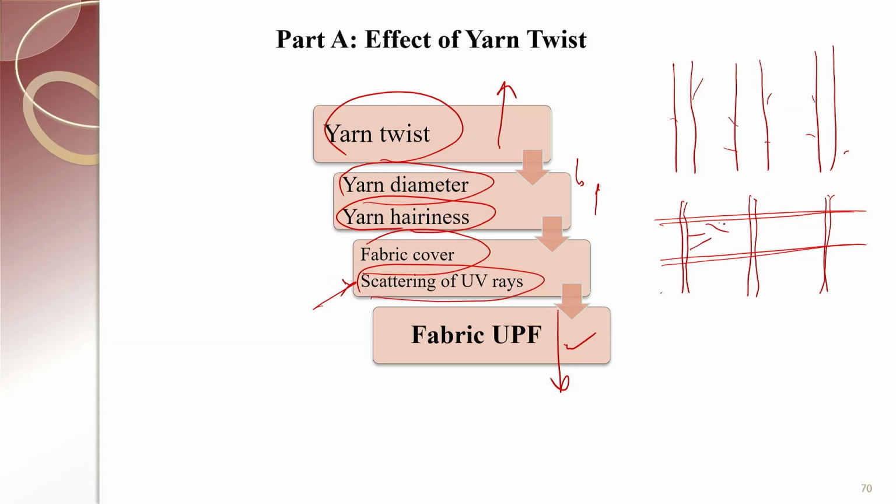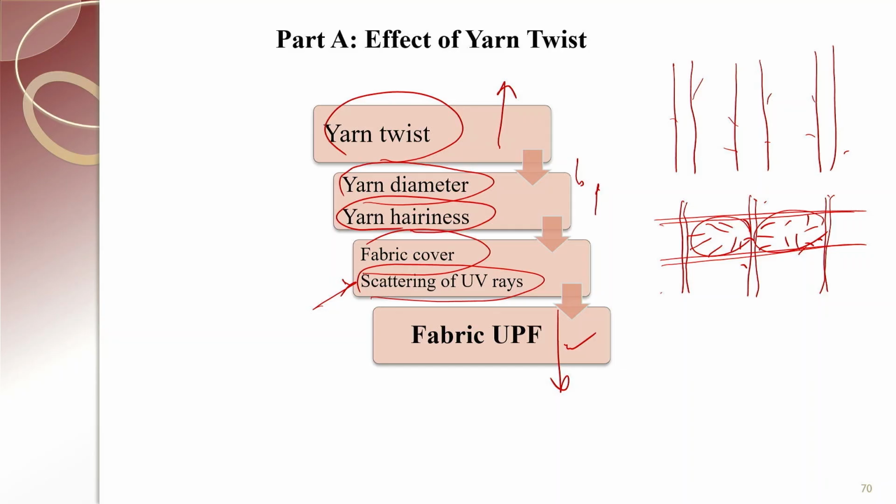If yarn hairiness is increased at high twisted yarn, these hairs will try to block the pores and the UV ray will get scattered.